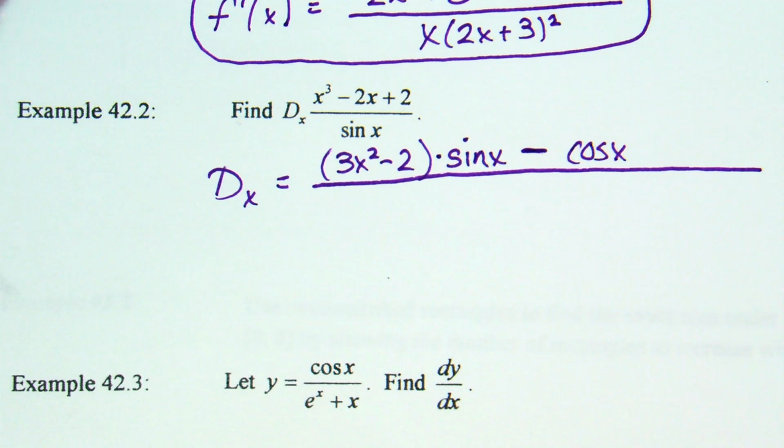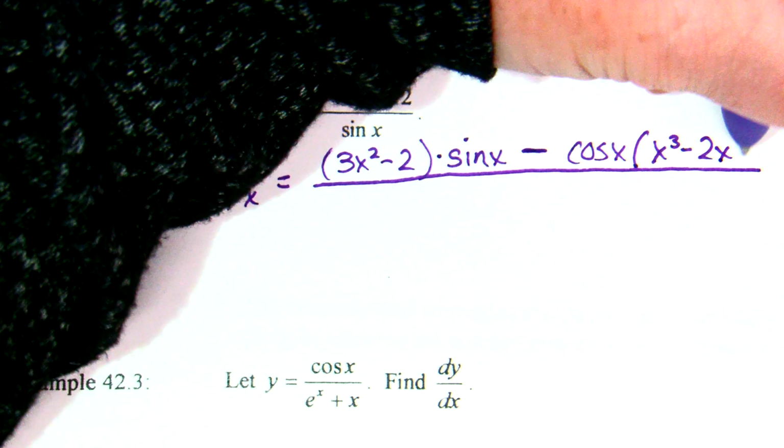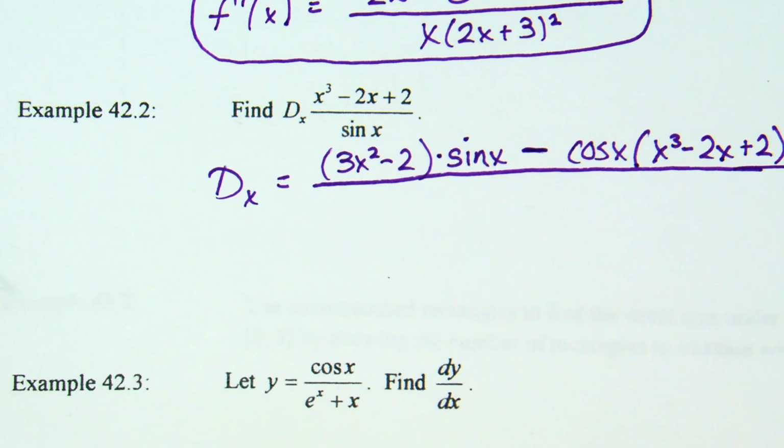So it's just going to stay a normal minus cosine x times the numerator of x cubed minus 2x plus 2, all over sine x quantity squared, or in other words, sine squared x.